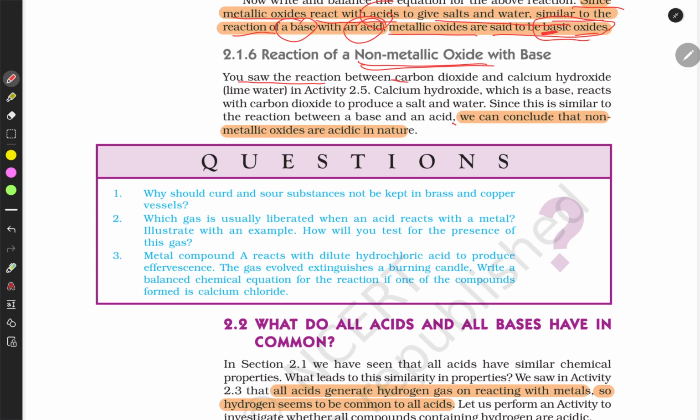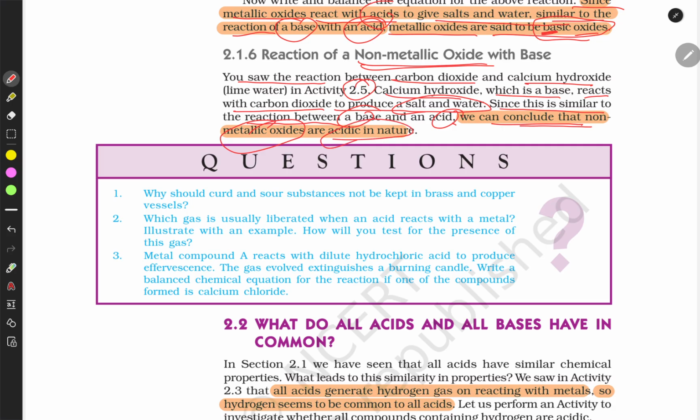You saw the reaction between carbon dioxide and calcium hydroxide, lime water, in Activity 2.5. The calcium hydroxide, which is a base, reacts with the carbon dioxide to produce a salt and water. This reaction is similar to the reaction between a base and an acid. So we can conclude that non-metallic oxides are acidic in nature.